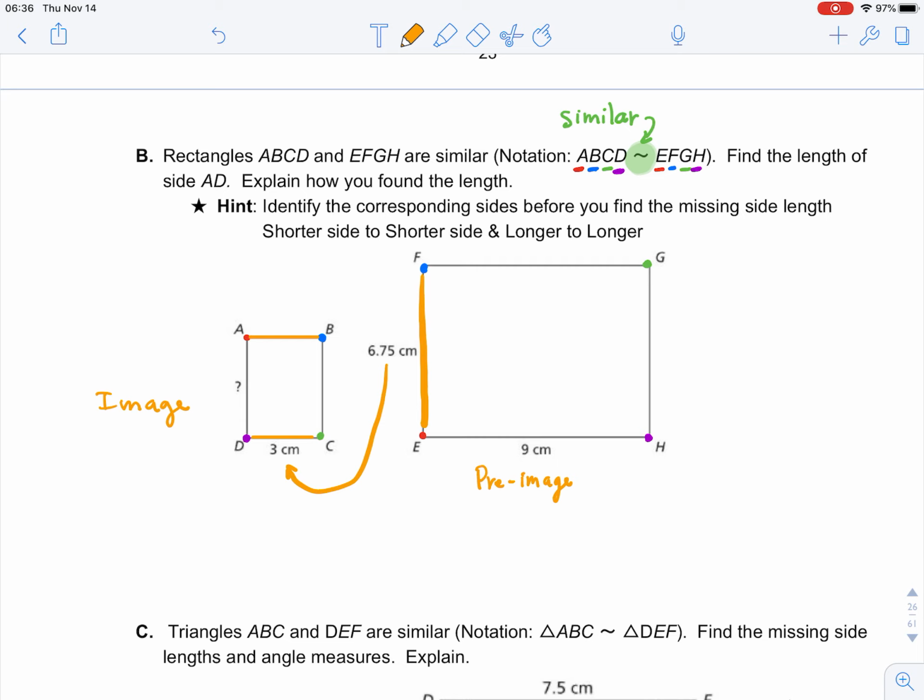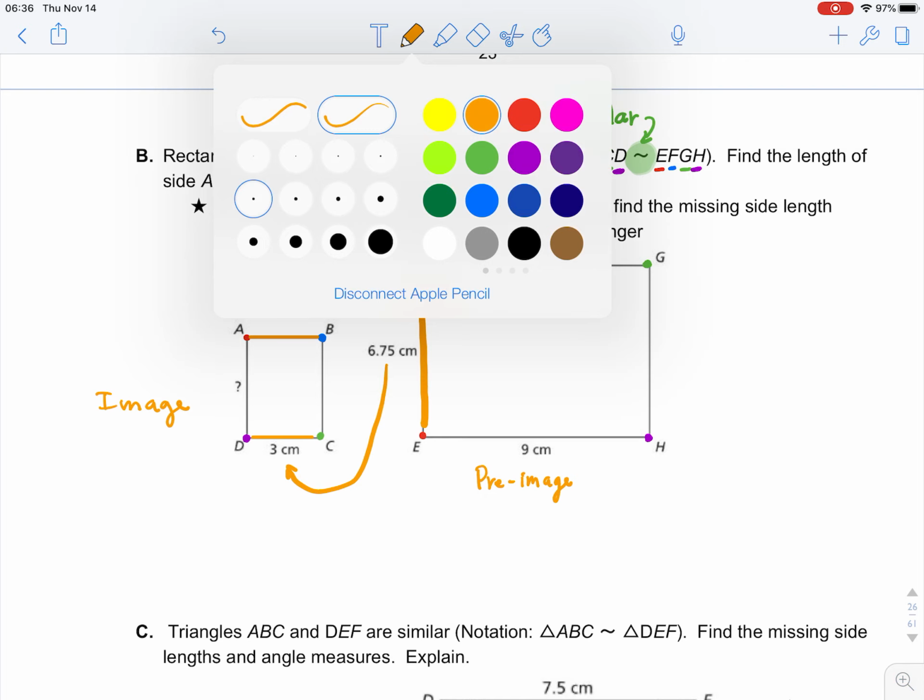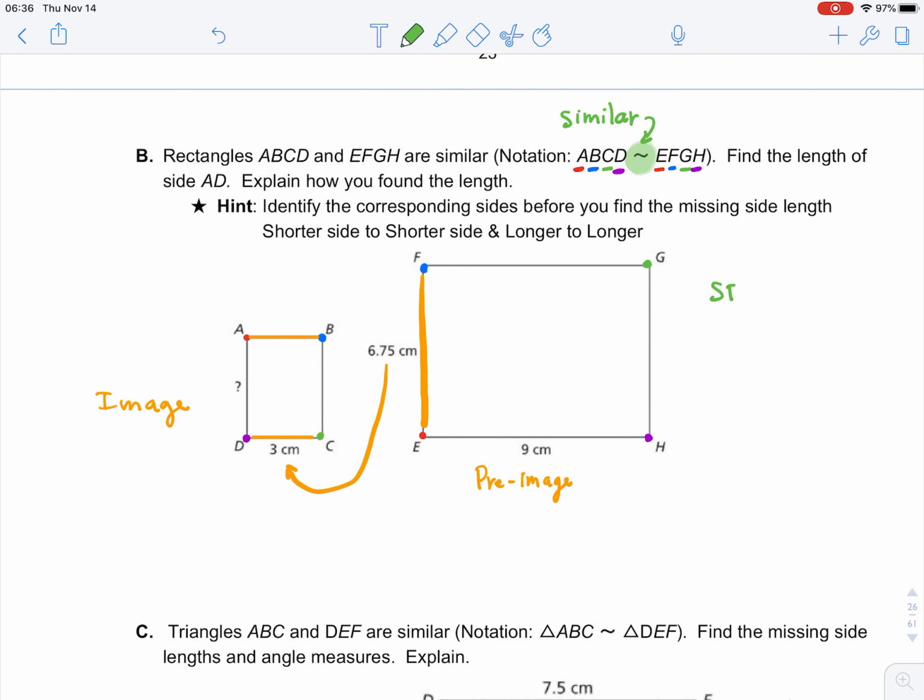All right, so remember your scale factor. Scale factor is equal to image over pre-image. Okay. Now, the information that we have here is our image, which goes here. And the only one that we know is this one.